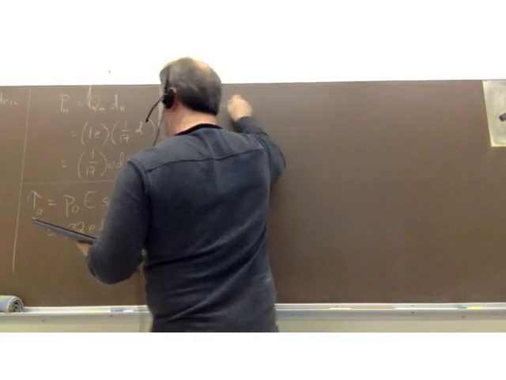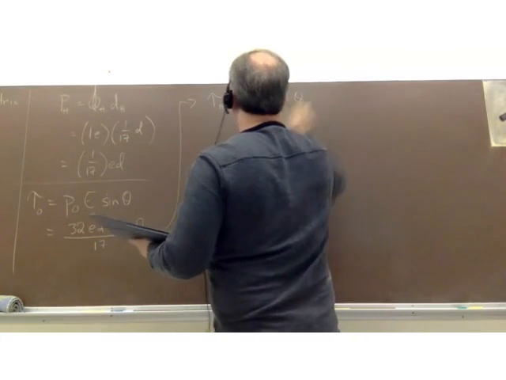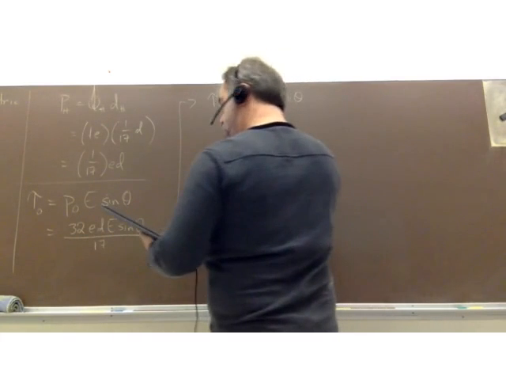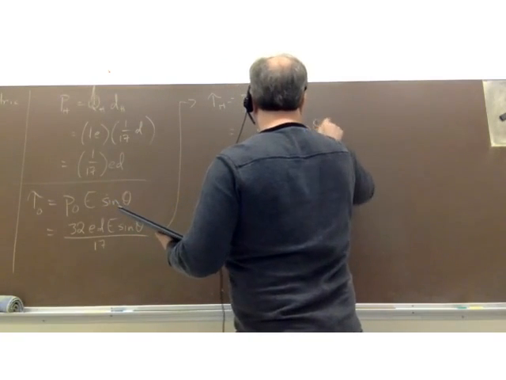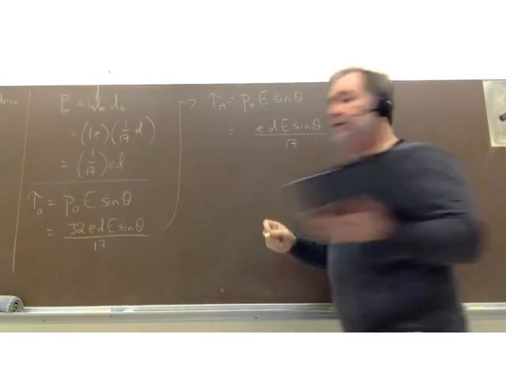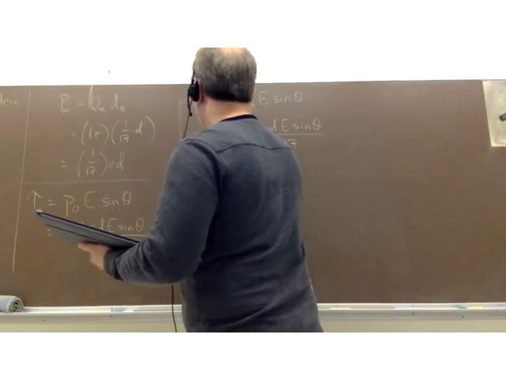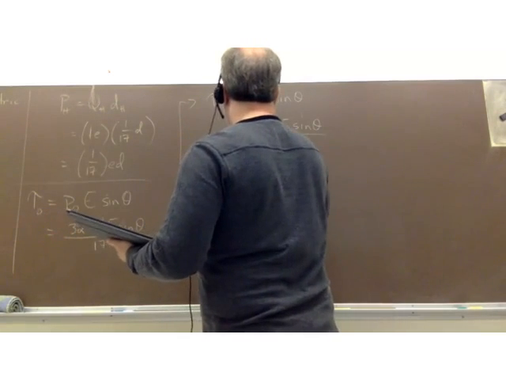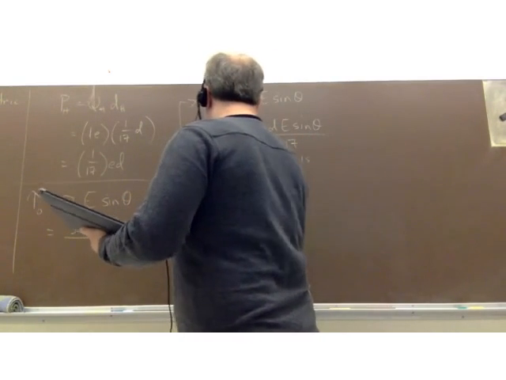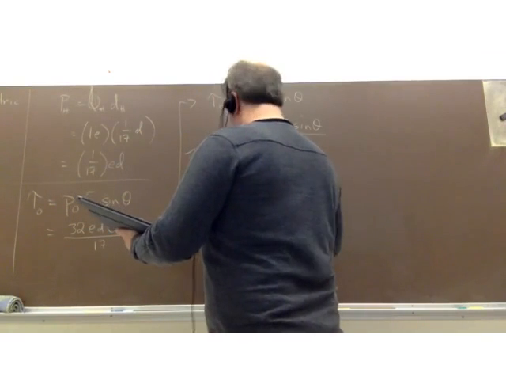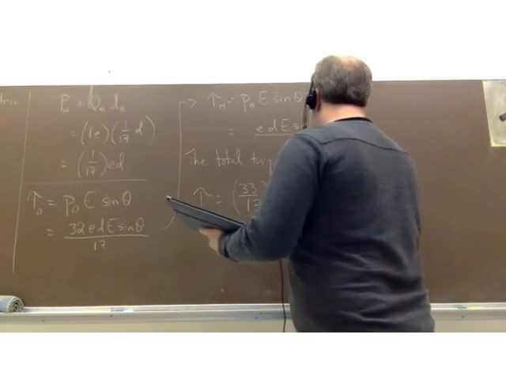The torque on the hydrogen is PH E sine of theta, which is E times D times the electric field times sine of theta over 17. And so adding those all together, 33 over 17 ED E sine theta.